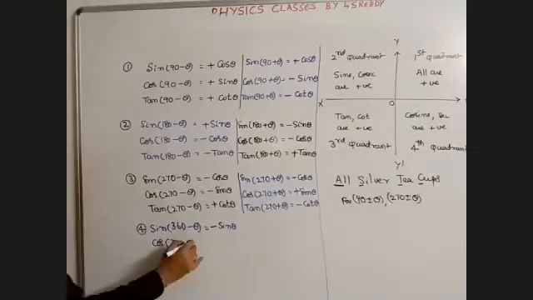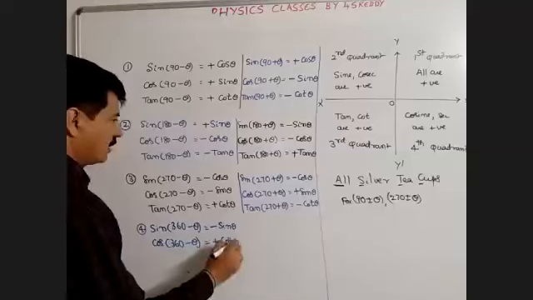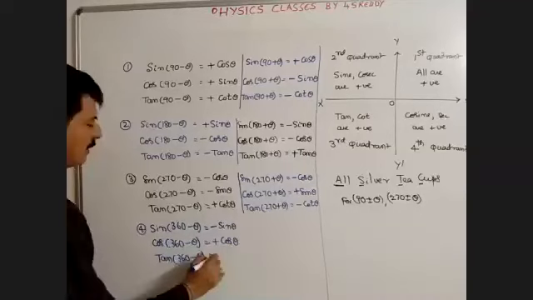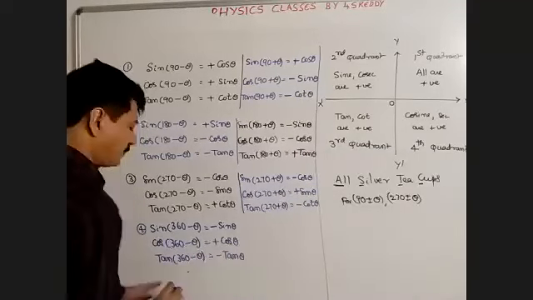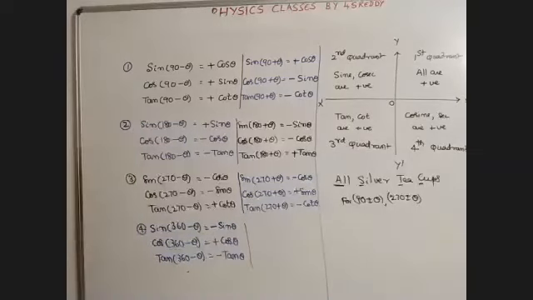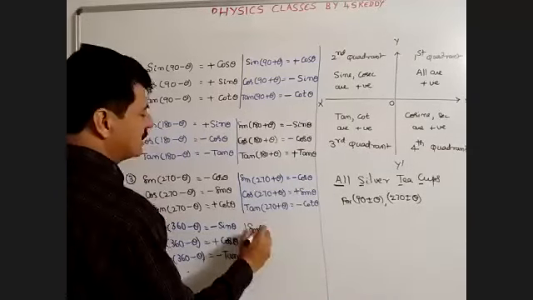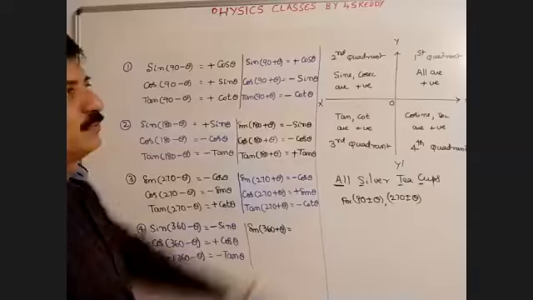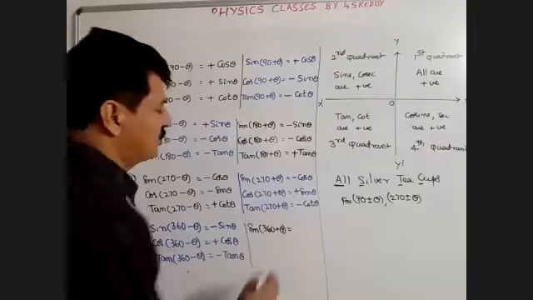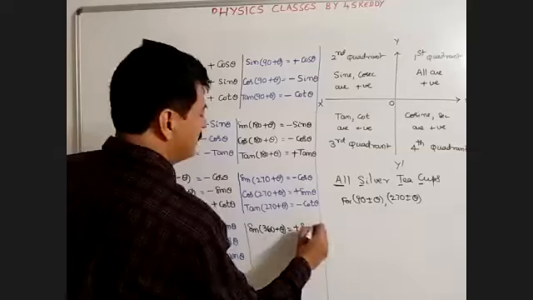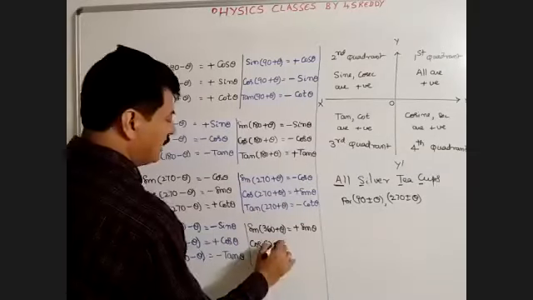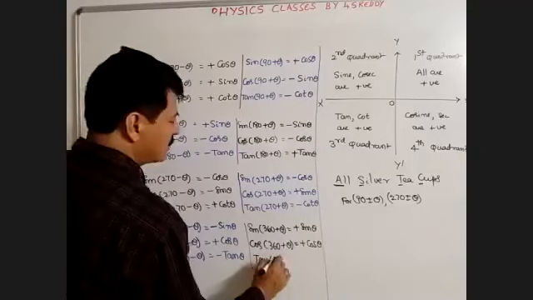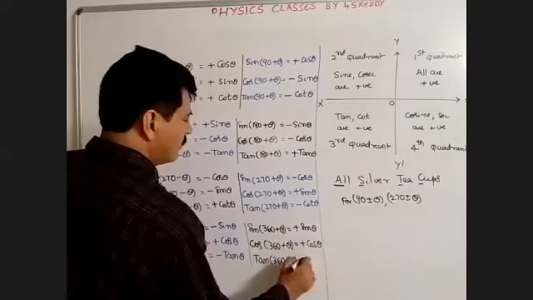Cos(360 minus theta) is plus cos theta, tan(360 minus theta) is minus tan. Whereas sine(360 plus theta): 360 plus theta enters the first quadrant, so all are positive and the function remains the same. Cos(360 plus theta) is plus cos theta. Tan(360 plus theta) is plus tan.